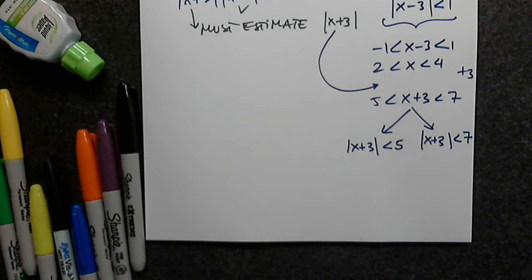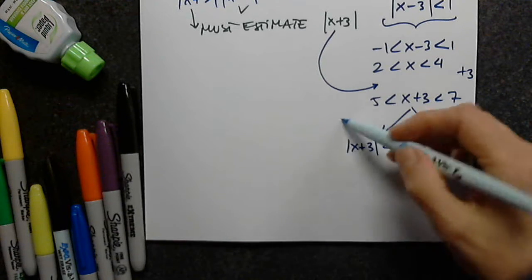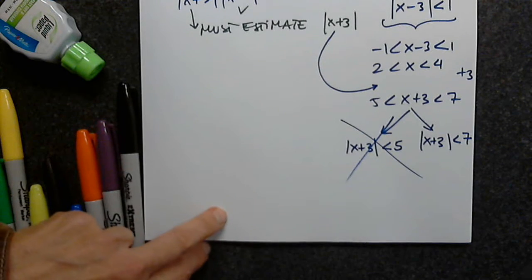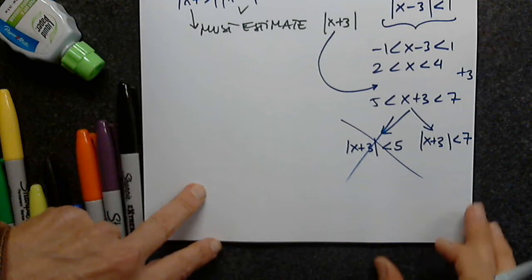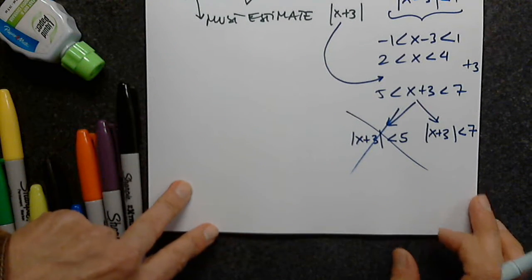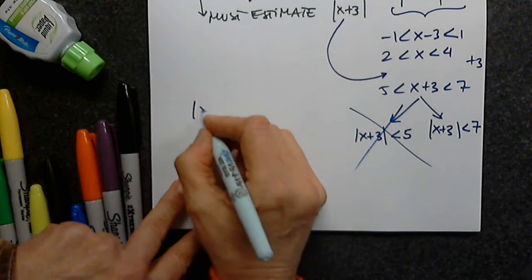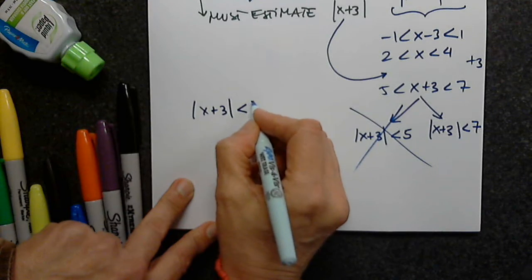What about this? This one includes from -7 to 7. Yes. So this one includes everything that I have between 5 and 7. So this I will remove. Not good. And I will say that x plus 3 in absolute value is less than 7.